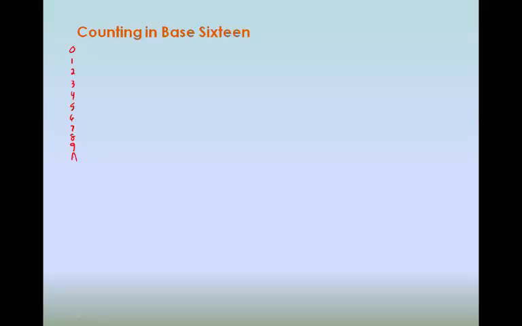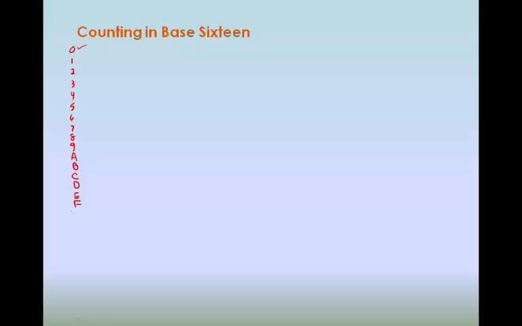So I'm going to use A for 10, B for 11, C for 12, D for 13, E for 14, and F for 15, and that makes 16 digits because remember I started up here with 0. So now F is the largest thing that I can put in the ones column.